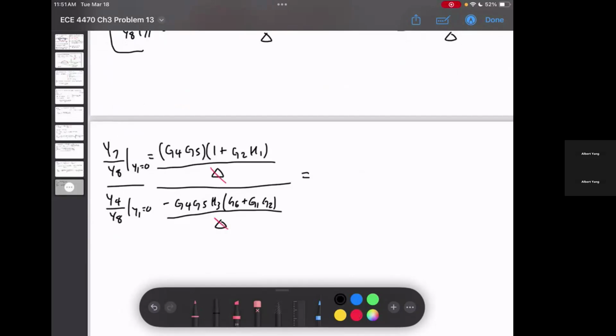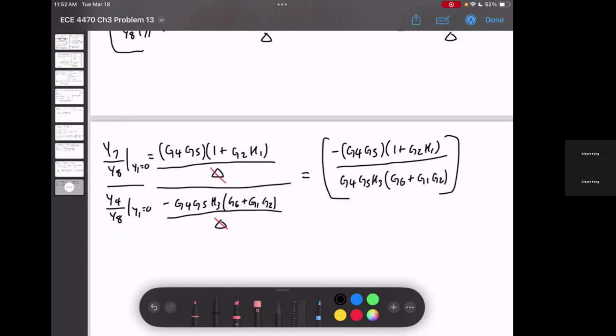And we would have negative G4, G5, divided by G4, G5, H3 times G6 plus G1, G2. And then that is the final answer for D.